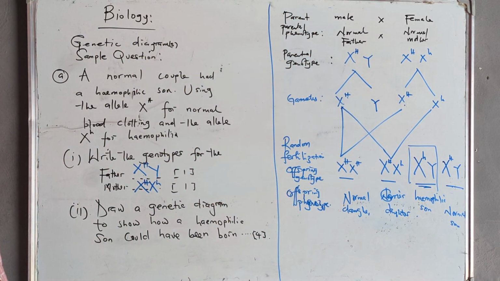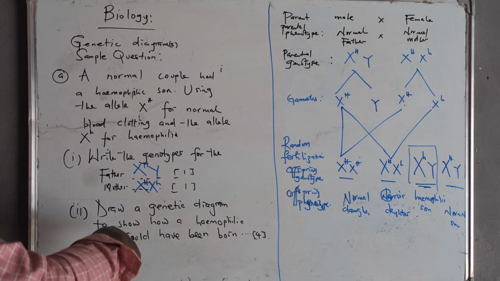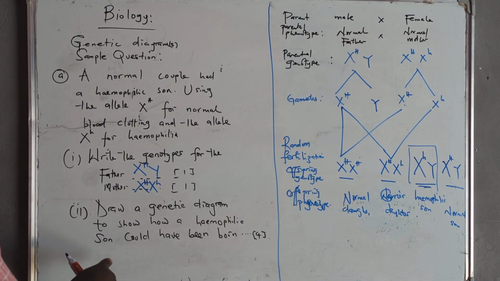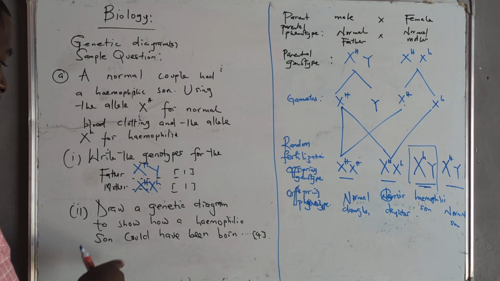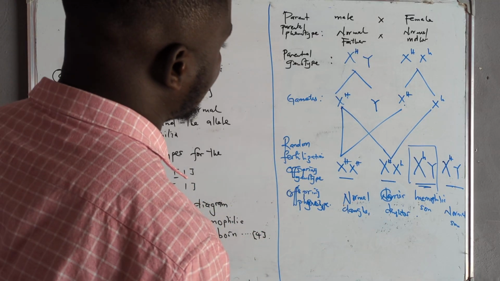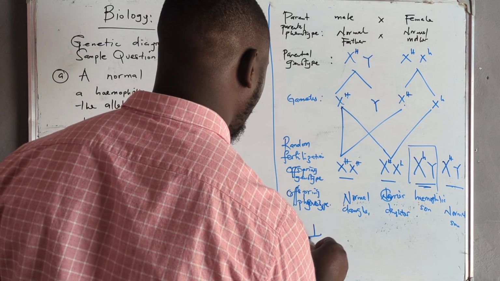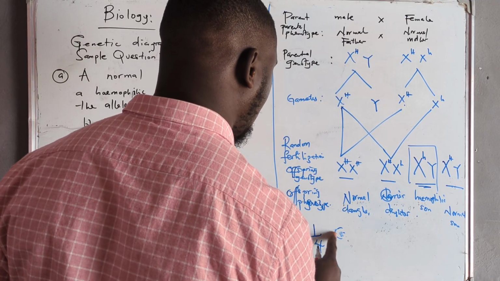Like that. So now, for this kind of question, it says show using a genetic diagram how the hemophilic son would have been born. So now you have to explain the chance. So here we are looking at 1/4 chance. Okay? So this is one way you can present it.